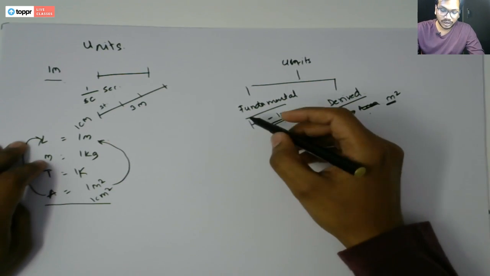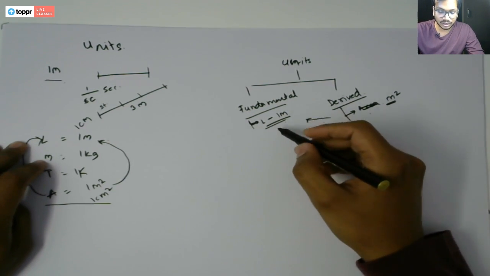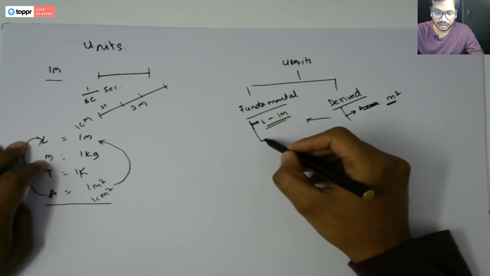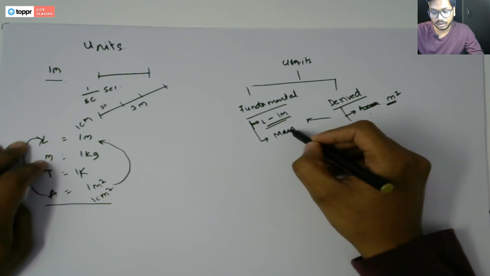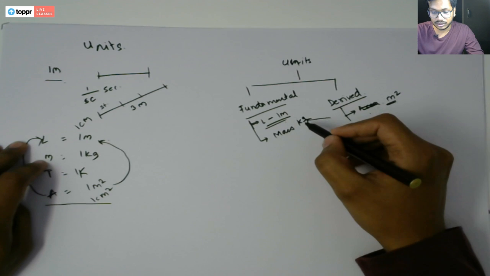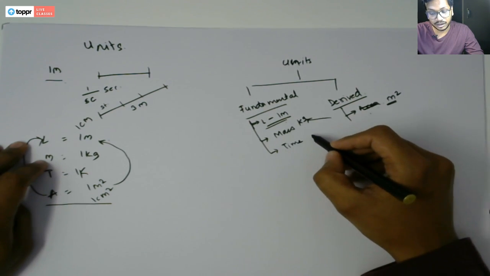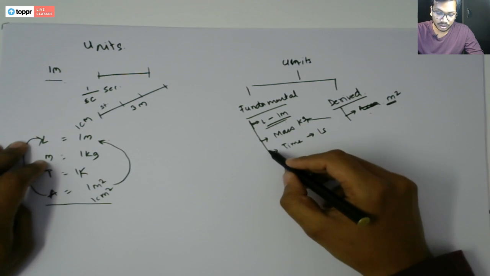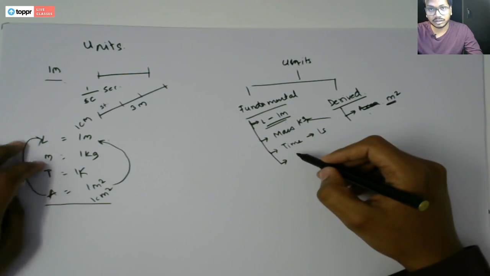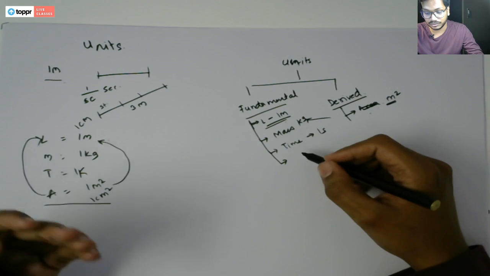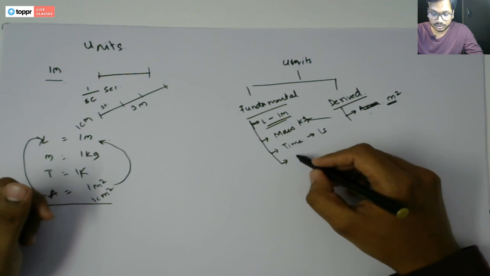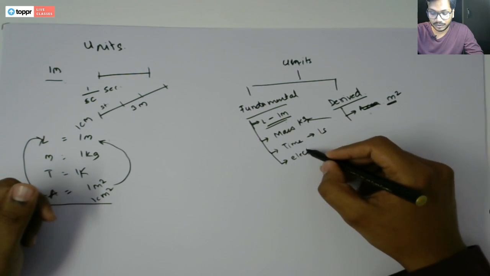Let us look at what all the fundamental units are. One, for sure, I told you, is length. Next is mass; the unit for mass is kg. Next is time; the standard unit for time is 1 second. Next is electric current, which comes from the field of electricity.